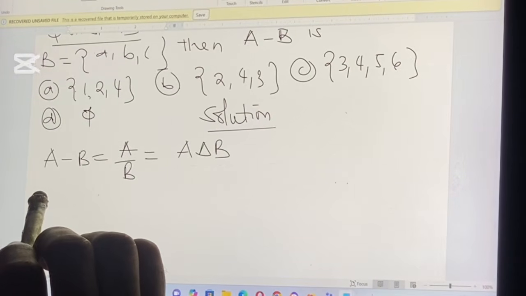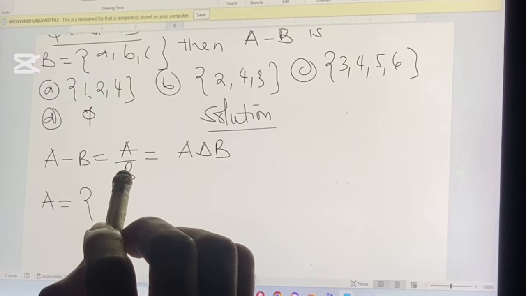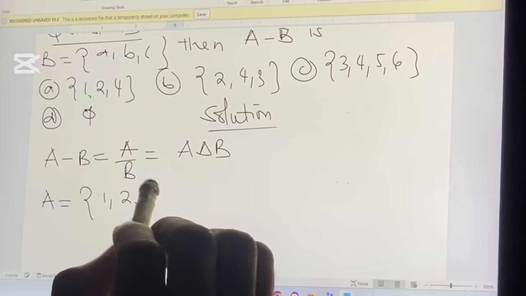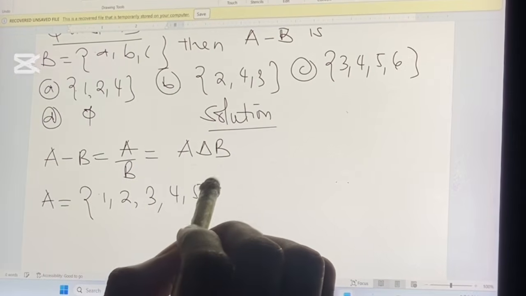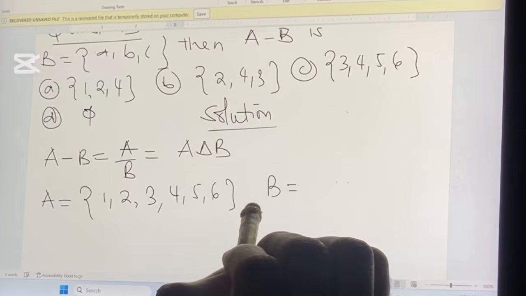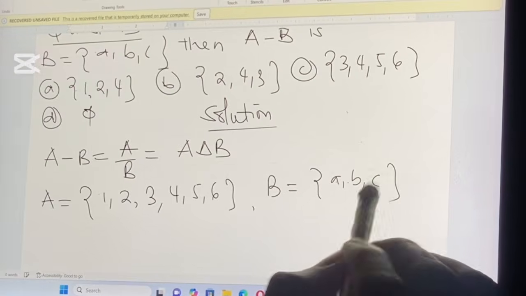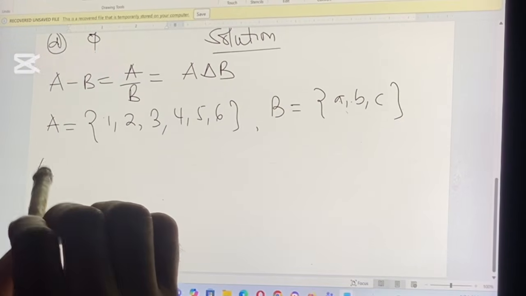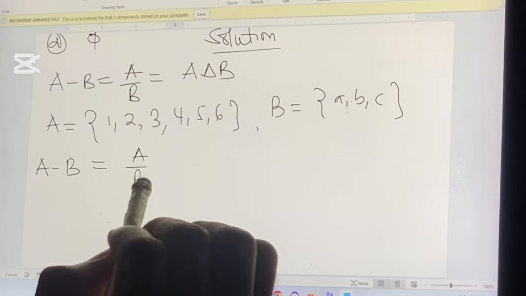So I have set A will be equal to, class, 1, 2, 3, 4, 5, 6. Set B here is A, B, C. And I'm asked to evaluate A minus B, which is the same thing as A over B, okay?